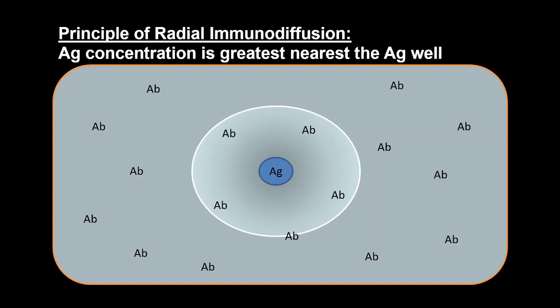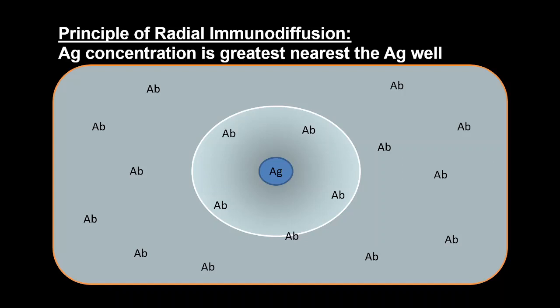And if our patient sample contains the specific antigen against the antibodies present on the medium, then after some time, antigens from the patient sample will diffuse across the medium, and at the zone of equivalence, it will form precipitates.